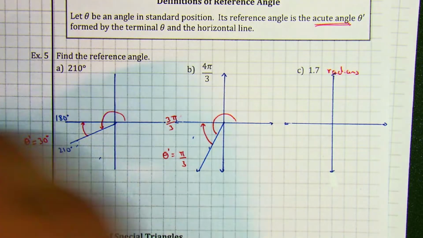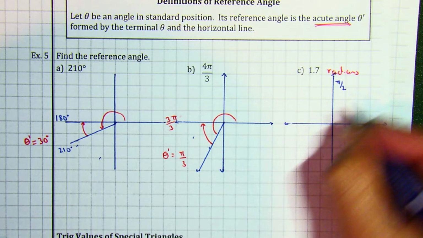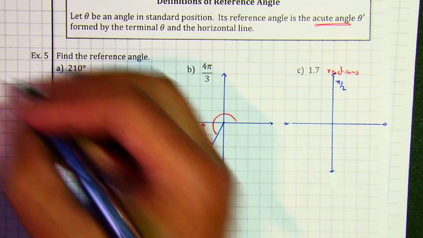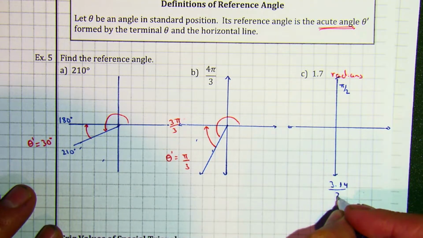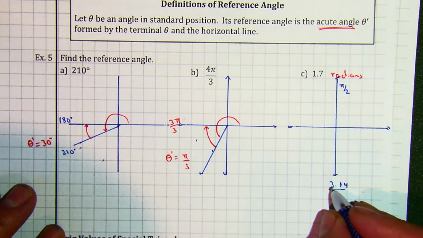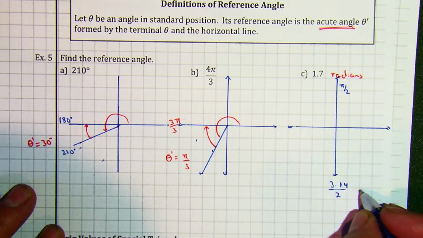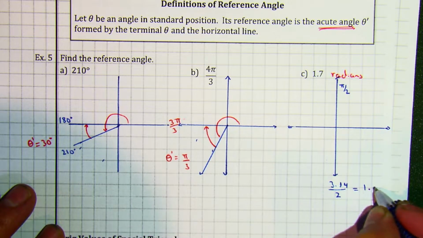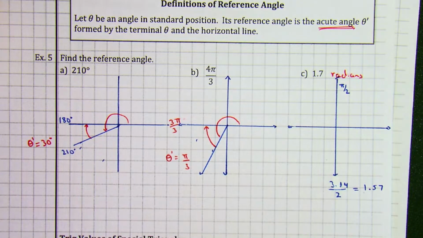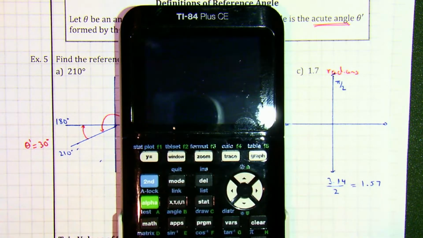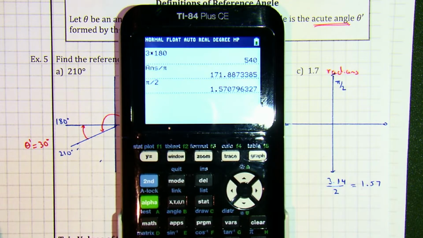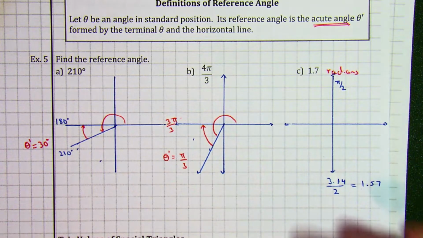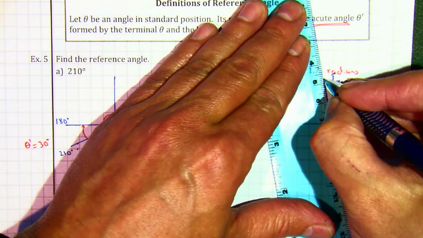Well, we know that this is pi over 2, correct? And we know that pi is 3.14, divided by 2. We know that 3 is 1.5 and 0.14 is 0.07. So this is 1.57. And if you have a calculator, you can actually just do the division, pi divided by 2, 1.57. So it'll be after, correct? So it'll be right around here.